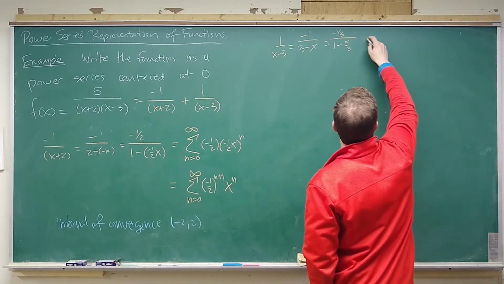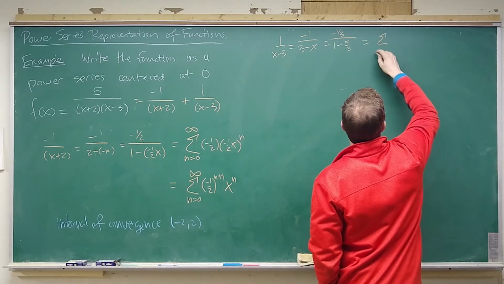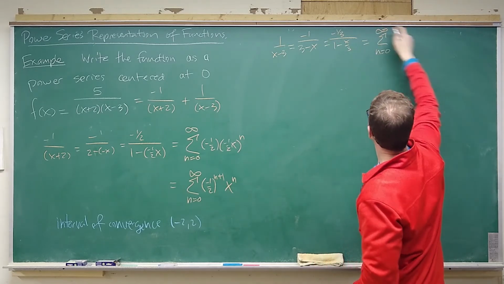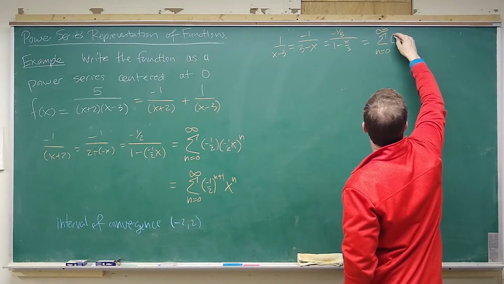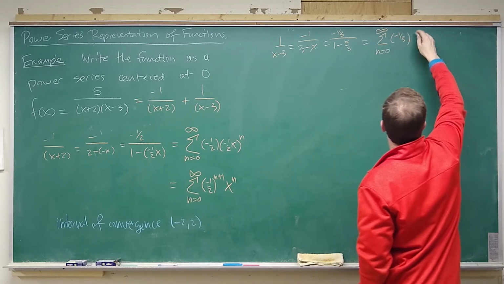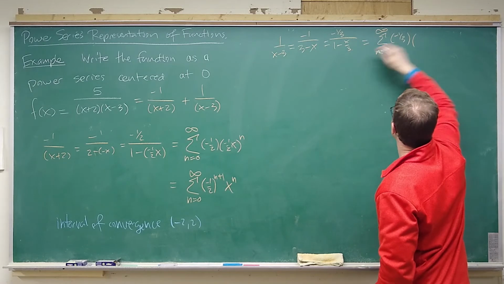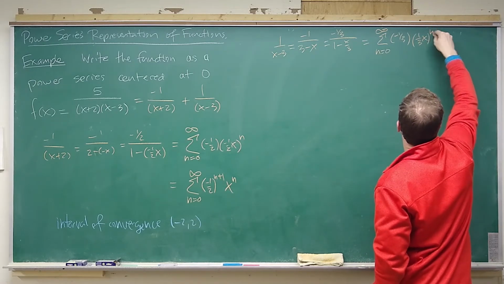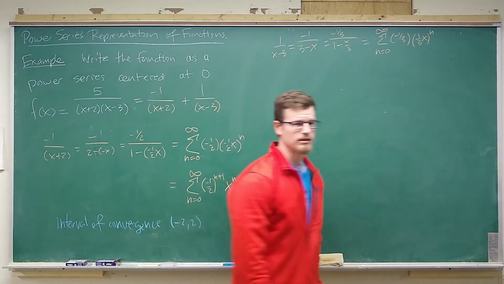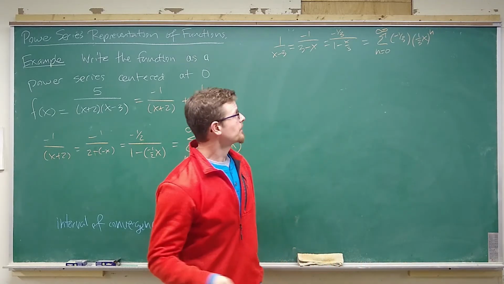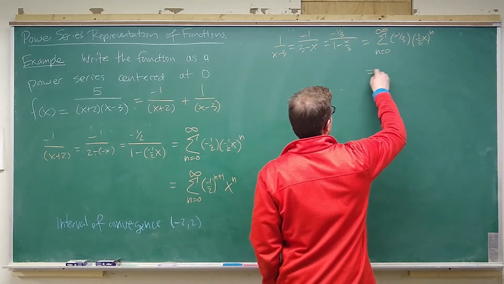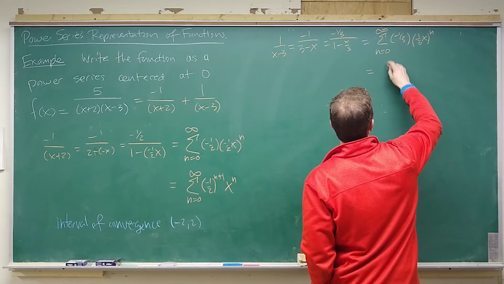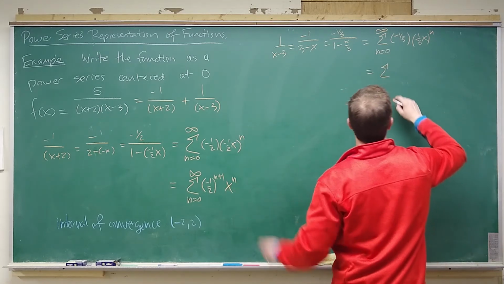Or you could say 1/3 x. That's fine too. But this is then the sum from n equals 0 to infinity of the a value, -1/3, times the r value of x over 3, or 1/3 x. Again, either way of writing it is fine. And here, I can simplify this just a little bit so we can observe it as being centered at 0, like we did right here.